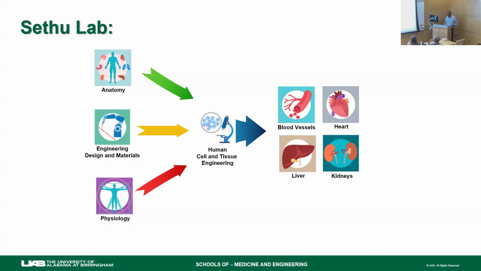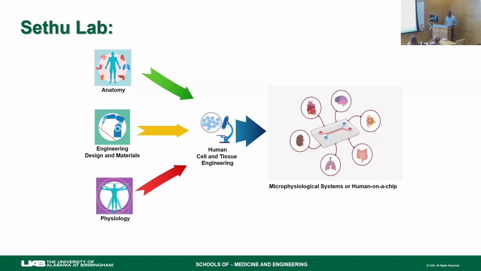My lab is primarily focused on the blood vessels in the heart. We also do some work with the liver and the kidneys. So you can get these tissue chip models to start to communicate with each other and build more complex microphysiological systems. This is our long-term goal, but for the purpose of today's talk, I'll be talking about our vascular tissue chips and how we're using that in the context of left ventricular assist devices.